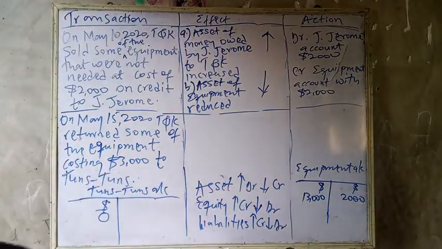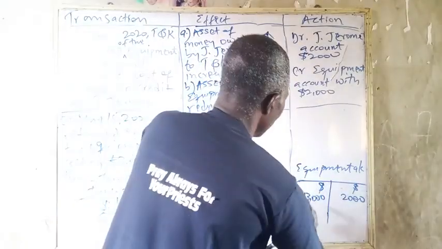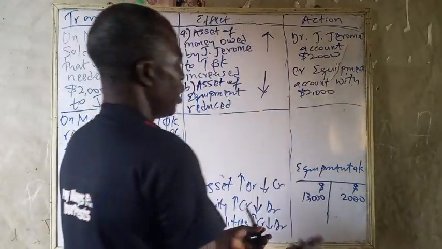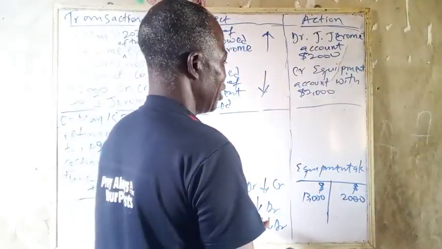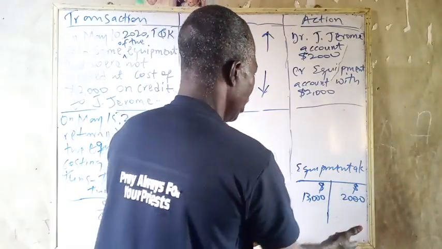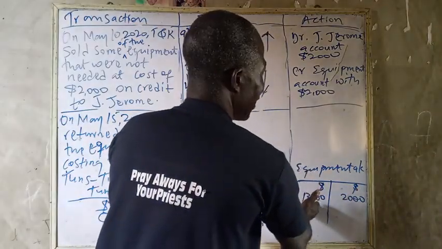So we are still going to return part of it, 3,000. So from 13,000 it's now reduced to what? Assuming yesterday we have not returned, the account still remains 2,000 and 13,000.